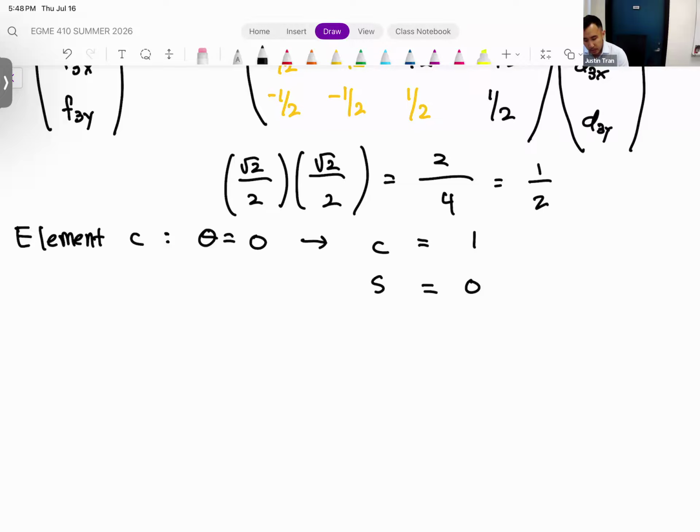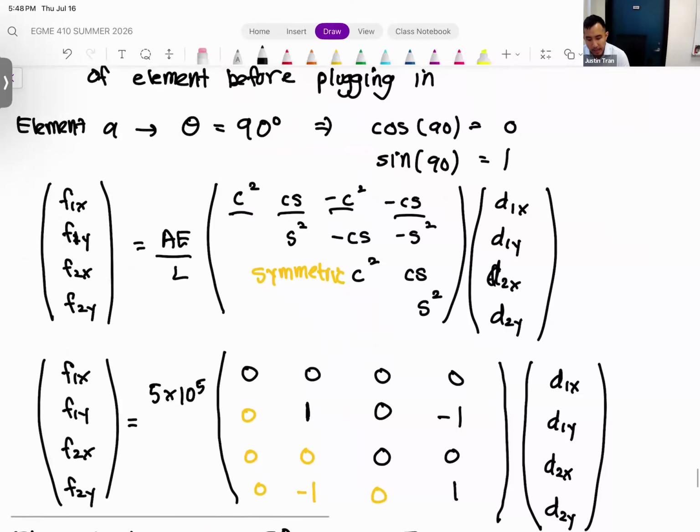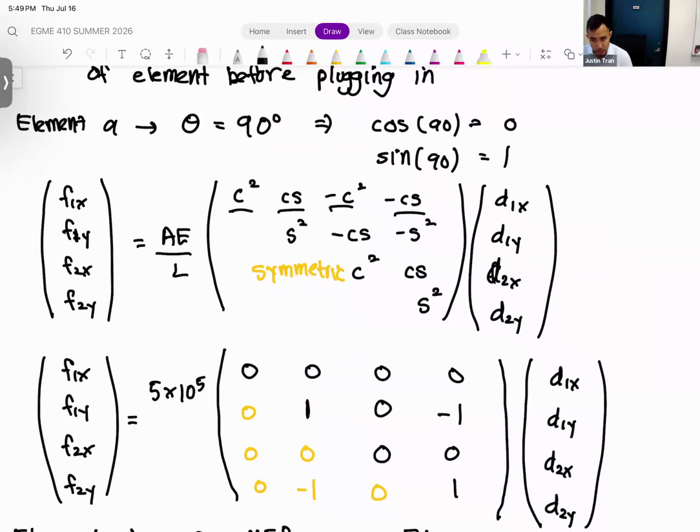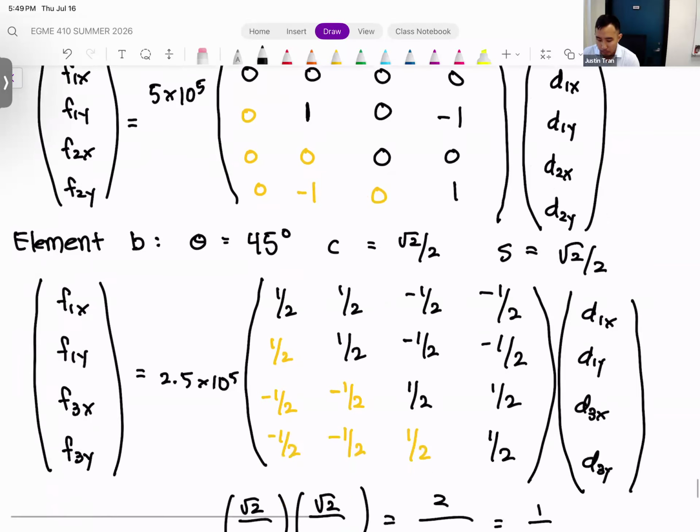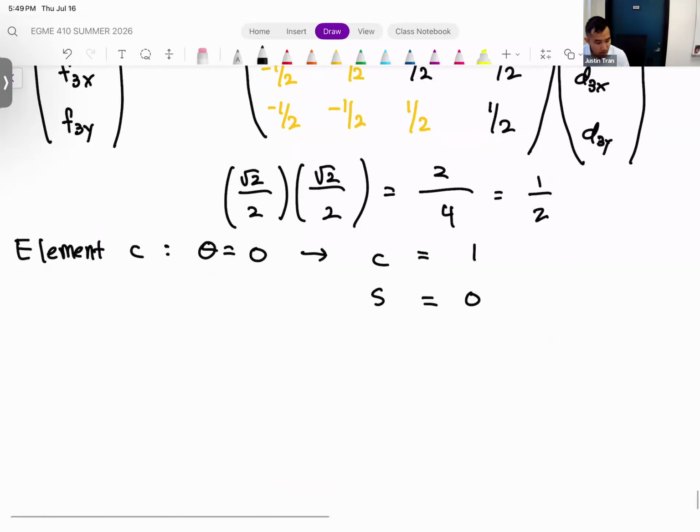So we actually end up with a situation very similar to element A, where we're going to have a ton of zeros. It's just that it's going to be shifted slightly because it's a horizontal element as opposed to a vertical element. All right, so once you guys give that a try, of course, the answers for this are in the notes. But then we'll pick it up on Tuesday. We'll look at the assembly of this example. All right, any questions on this before we wrap it up for the week?